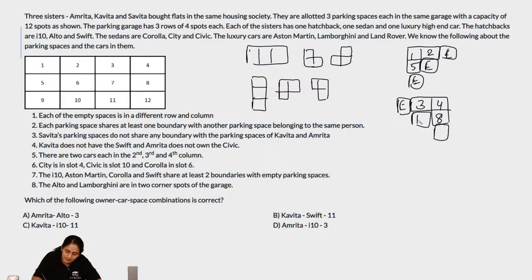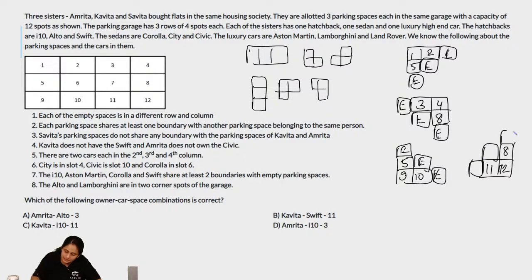Or you can have the bottom corner, so you have 5, 9 and 10 as her spaces, and this is empty, this is empty, this is empty. Or the fourth corner, which is over here, which is 8, 12 and 11, in which case this is empty, this is empty, this is empty.